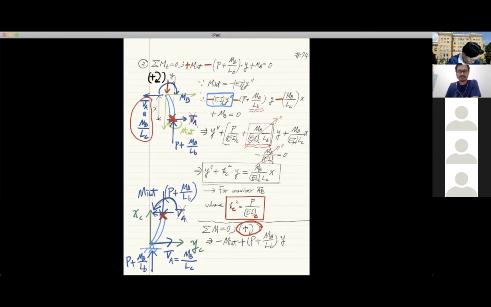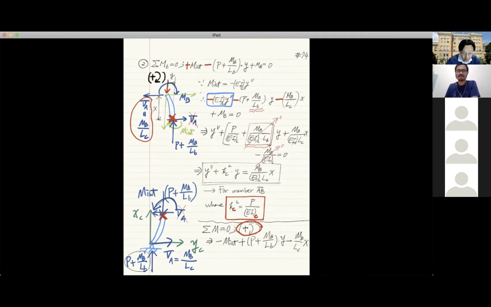Then we consider this force, we cancel this one. We also have to consider VA, right? And the VA will produce negative moment, right? So it's going to be negative MB over LC times X. Correct? Yes, we can reach it.